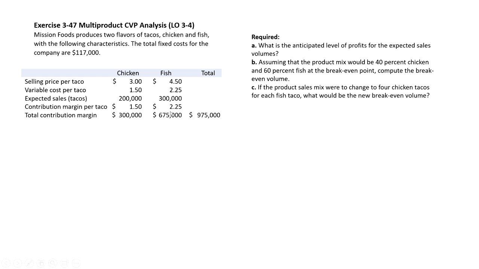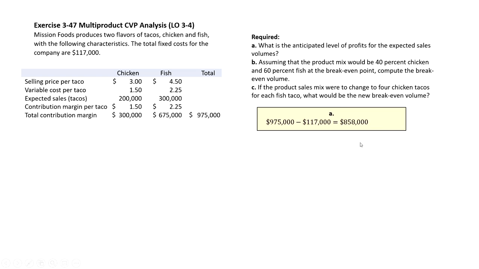For fish, $2.25 per fish taco times 300,000 is contribution for fish of 675,000. 675,000 plus 300,000 is expected total contribution margin dollars of 975,000. Then the only thing I have to subtract from that is the fixed costs that I was given of 117,000, and I've got what I expect profit to be based upon the mix that I was given here, and that's expected to be 858,000. That's nice.